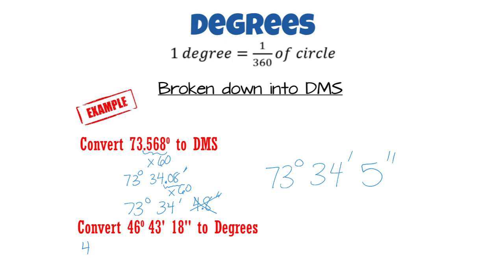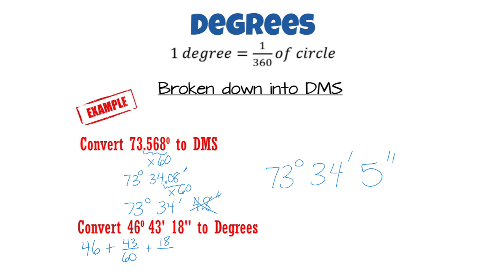So I'm going to take 46 plus, now 43 minutes is a portion of a degree. If I take the 43 and divide it by 60, it will get me the decimal part of a degree. Plus, and this is where it gets a little trickier, I'm going to take my 18, and I can't divide the 18 by 60 because that would only convert that to minutes.